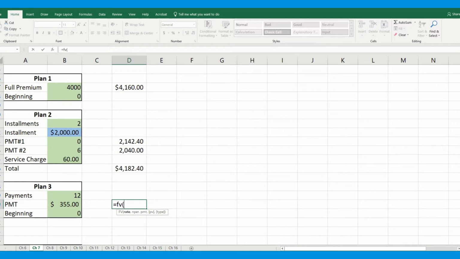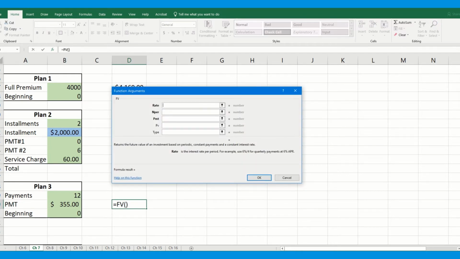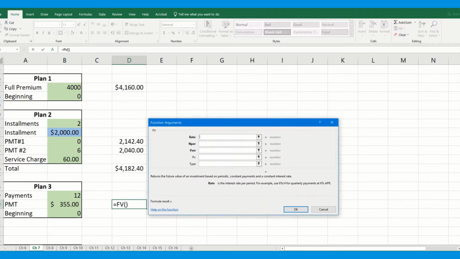So I have the future value with the bracket, and I'm going to go up here to insert function. Now in my insert function button, I'm going to look at the values that I have here, and Excel will do some calculations for me.